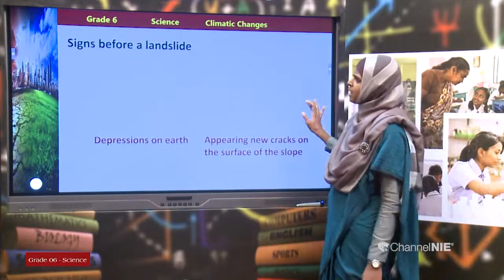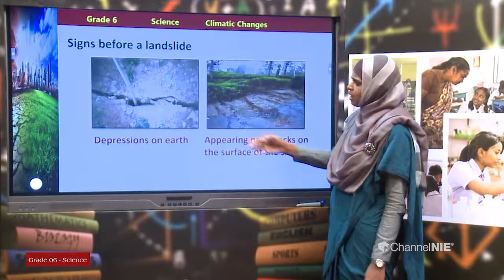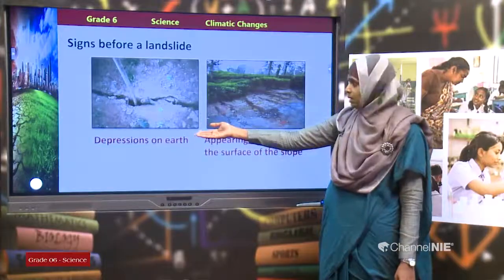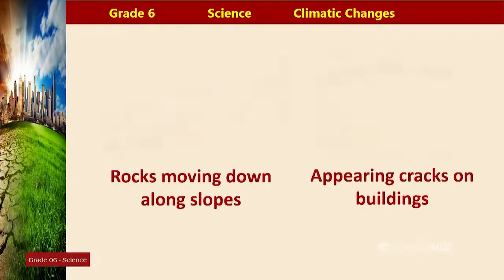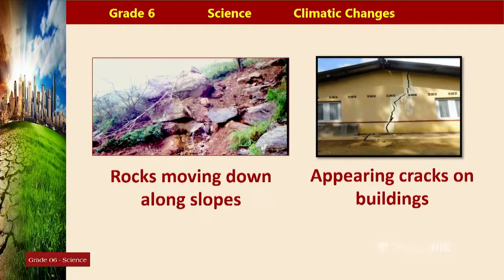Let us see what are the signs before a landslide, children. You can see depressions on earth like this and also new cracks on the surface of the slope occur as this. So, these are the signs before a landslide. These, just for your reference, I am showing you. Rocks moving down along slopes.